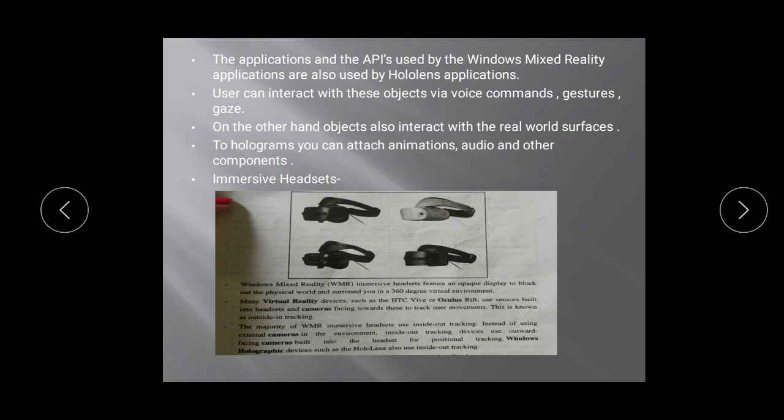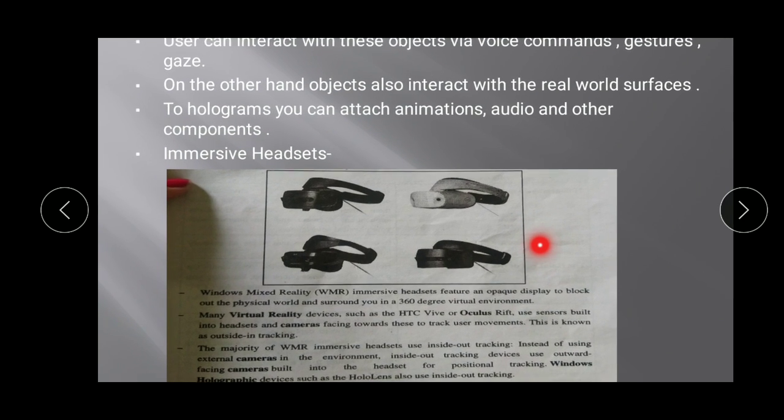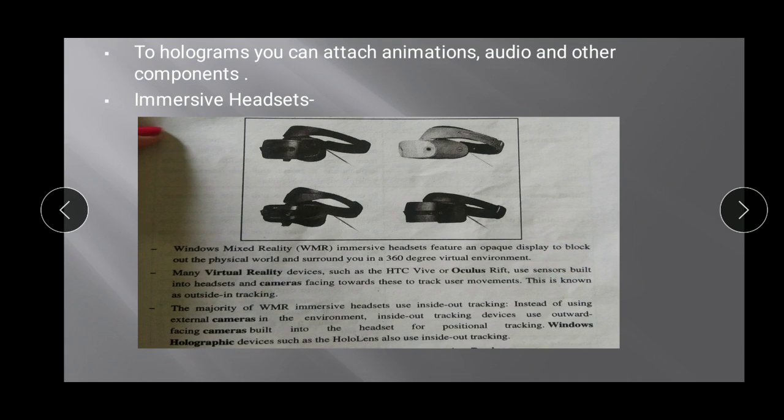To holograms, you can attach animations, audio and components as well. Nowadays we can add animations and animated videos, make GIFs using certain pictures, and make audio and video together. All this is possible through holograms. Next, there are immersive headsets using virtual mixed reality.